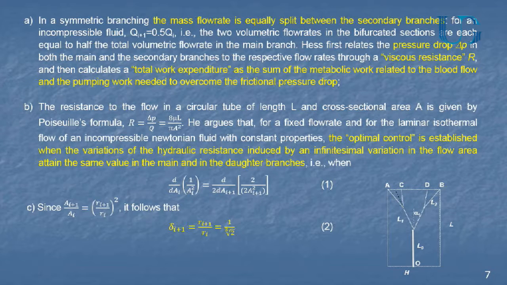And he said, the pressure drop in each one of these branches is given by the Poiseuille law, which we saw yesterday. But the pressure drop multiplied by the flow rate gives you the pumping work. Okay? So the work which is lost by friction in the branch.